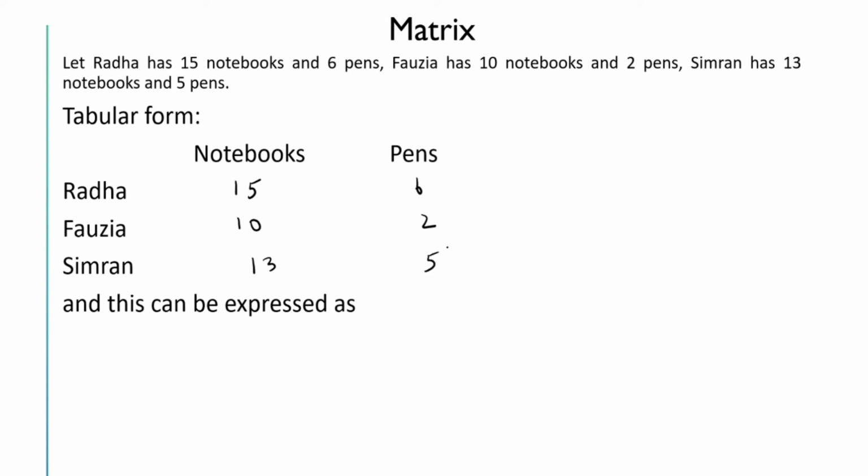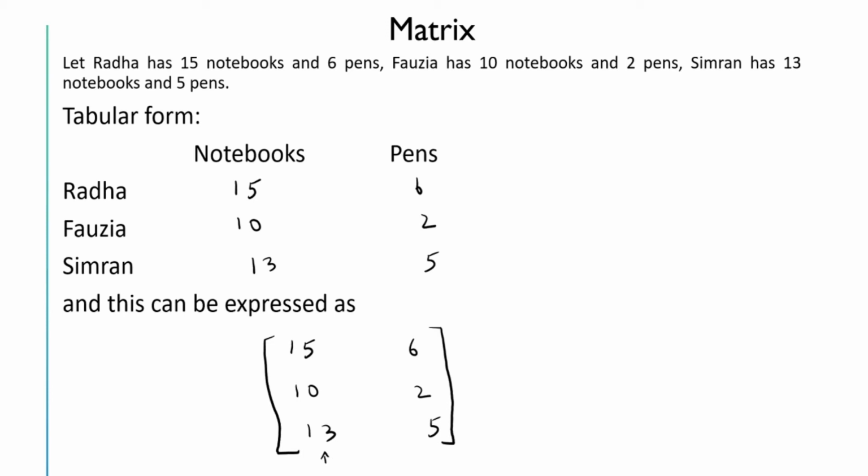13 notebooks and 5 pens. So we can represent this in the form of a table, or this can be expressed as 15, 6, 10, 2, 13 and 5. Here this is called the first column.